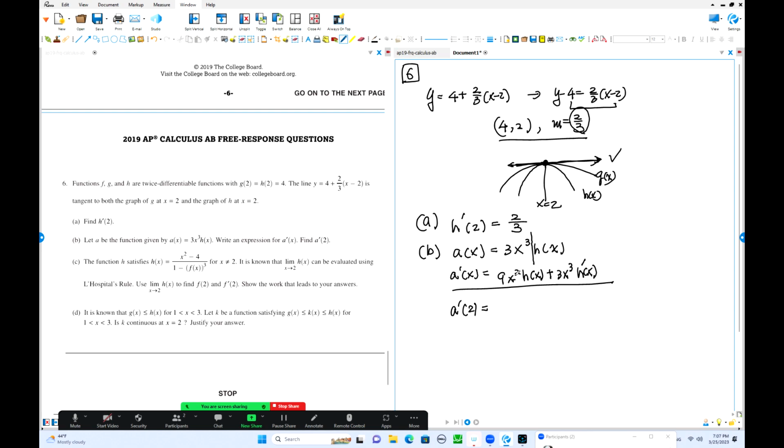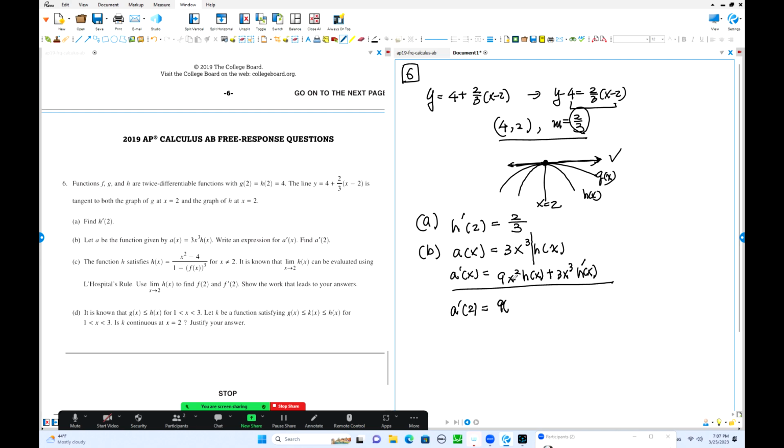So 9 times 2 squared is 4, 9 times 4 is 36, and h of 2, plus 2 cubed is 8, 3 times 8 is 24, and h prime 2. Are you okay with this? Step by step.